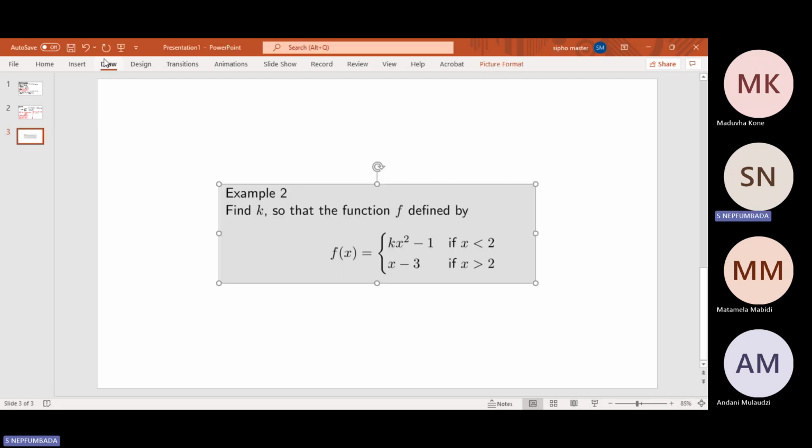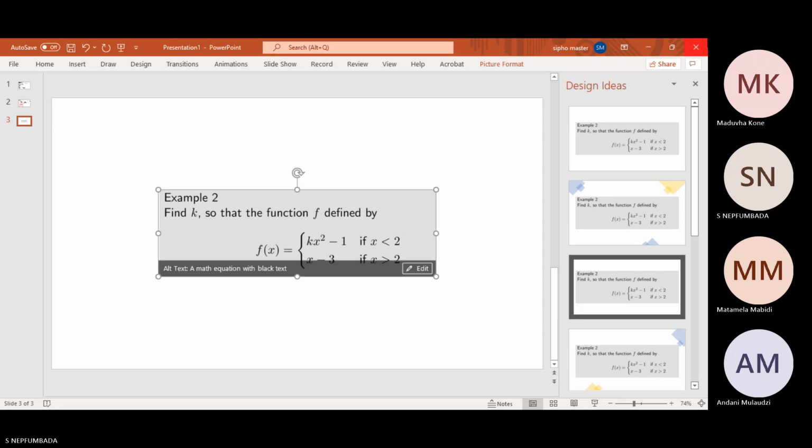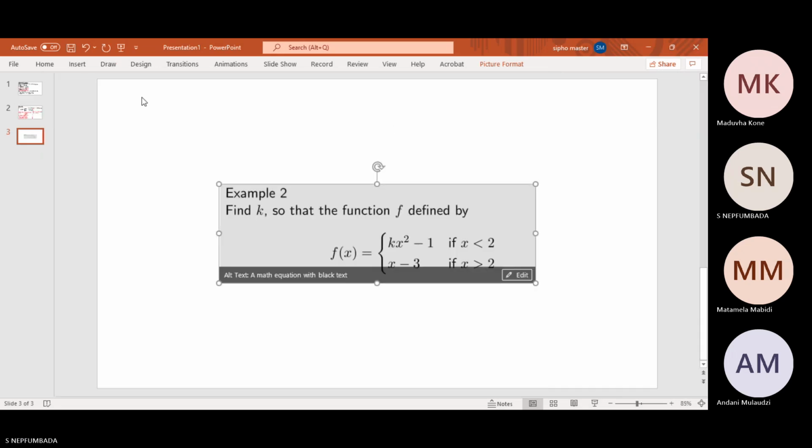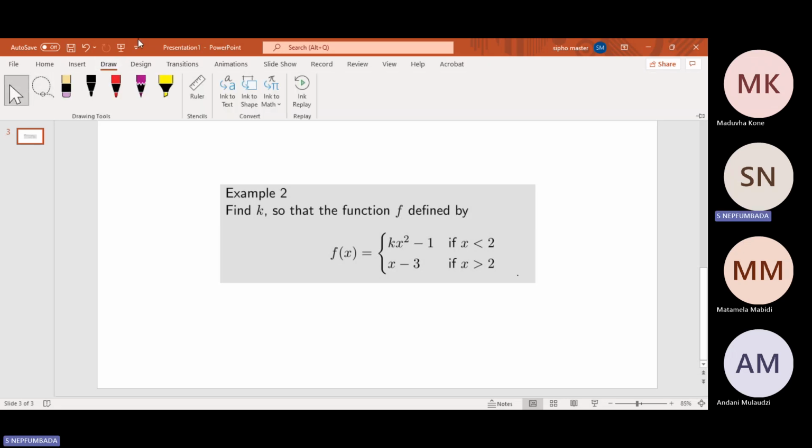There we go. Can you see the example? Yes. Please try it.